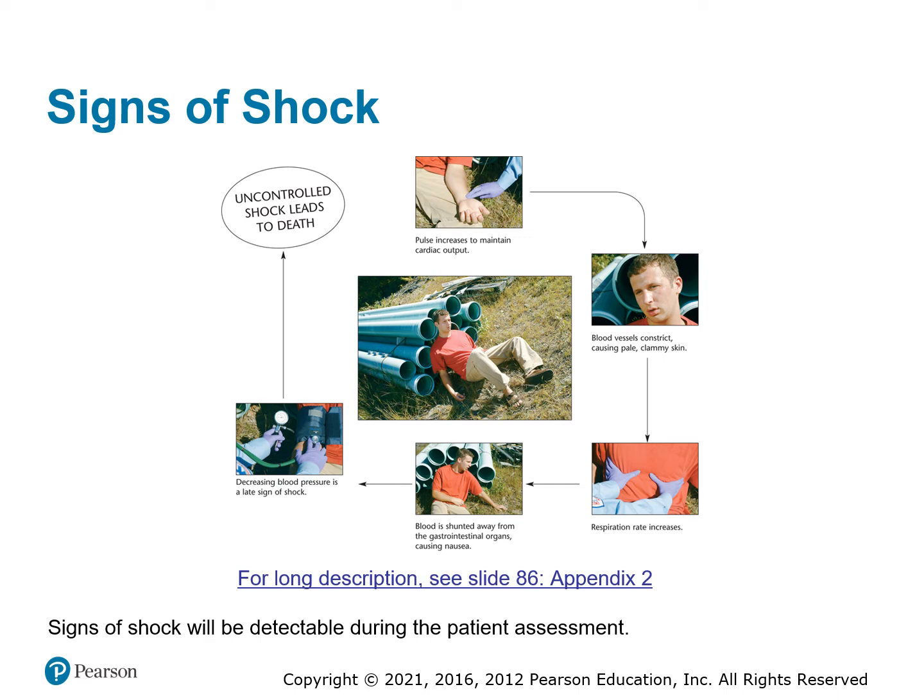So, like it shows here in the image, first thing, check that pulse. See what that pulse is. The first thing that's going to happen is that pulse is going to increase to maintain the cardiac output.